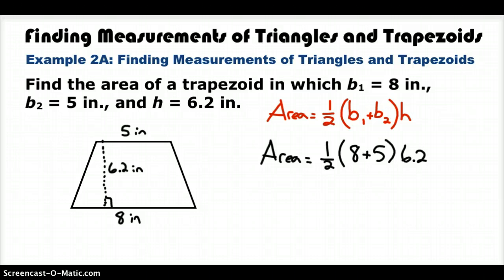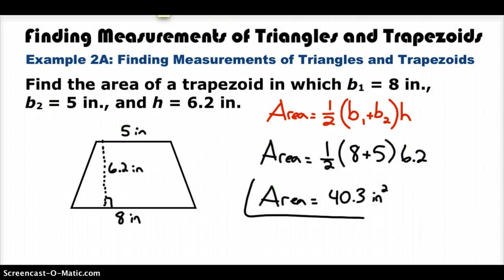Now we can take our calculator and multiply. If you want to do the order of operations, that's fine, but this is basically half of 13, so 13 divided by 2, and then I'm going to multiply that by 6.2. And I get 40.3. So the area of this trapezoid is equal to 40.3 square inches. And that's my final answer.